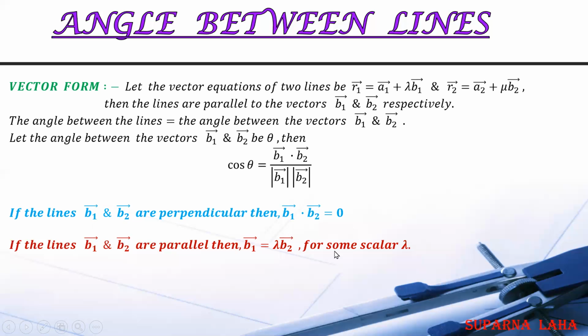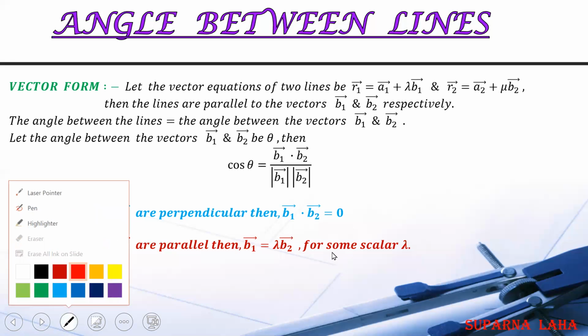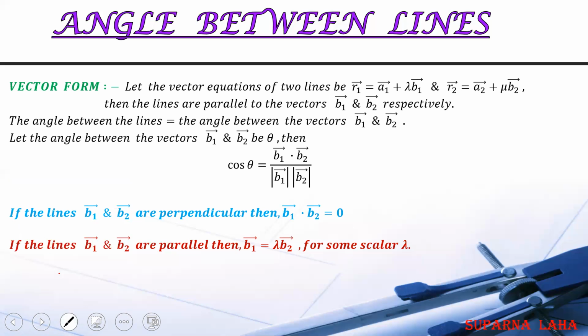Since here we are already using lambda, one thing you can do is change the sign a little bit, that is, take lambda dash: b1 equals lambda dash into vector b2 for some scalar lambda dash. So this is the angle between these two lines where the vector form is given.